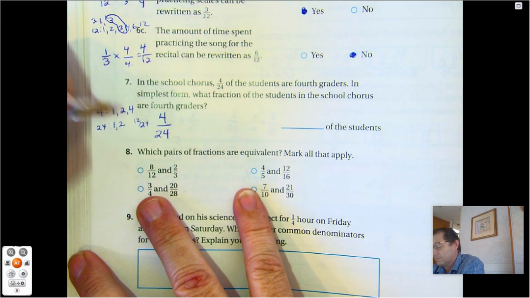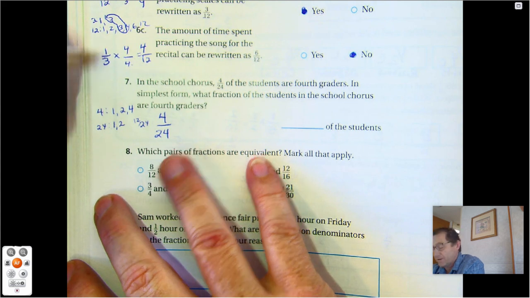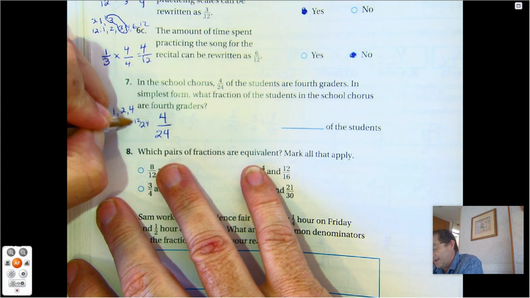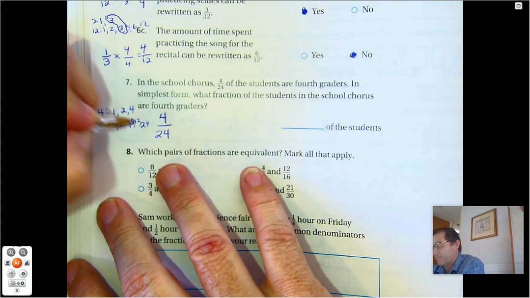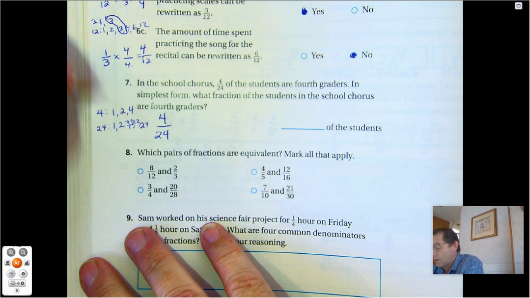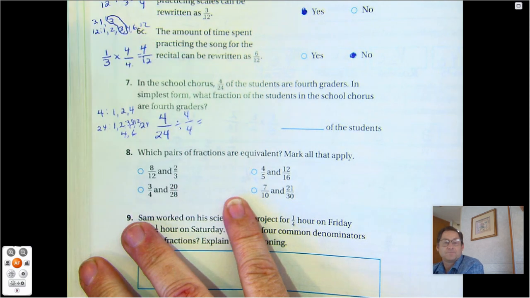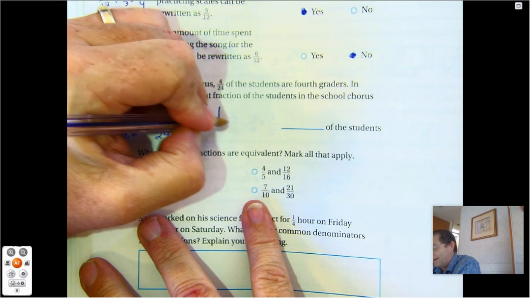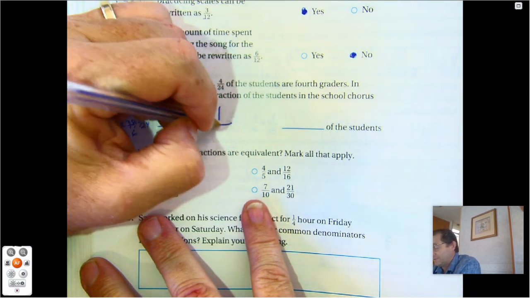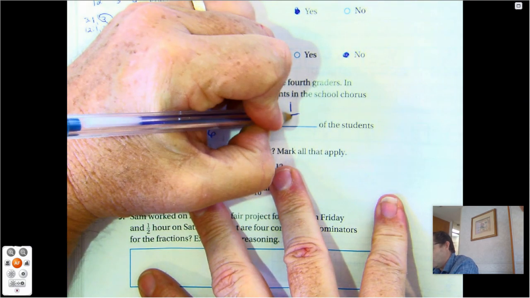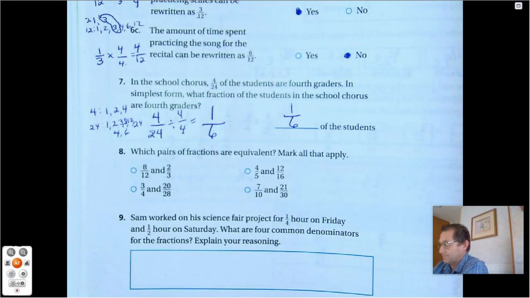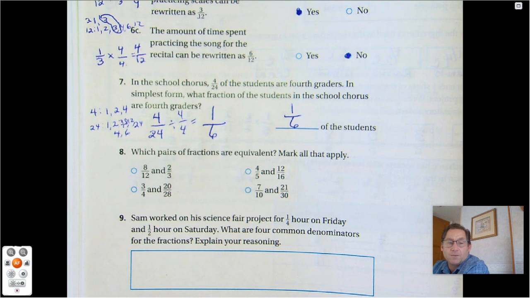Okay, so I could divide by 2. 3 and 8 are factors of 24. Oh, but so is 4 and 6. So let's divide this by 4. 4 divided by 4 is 1. 24 divided by 4 is 6. So 1/6 of the students in the school chorus are 4th graders.